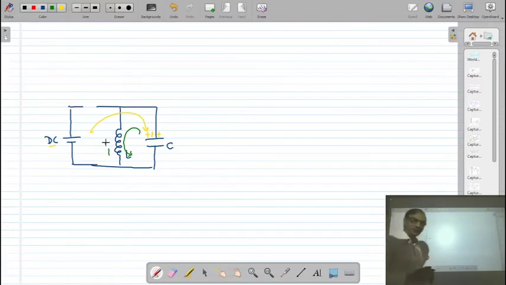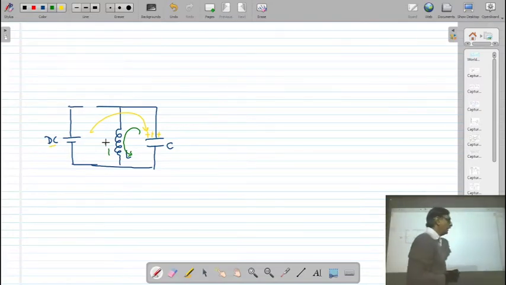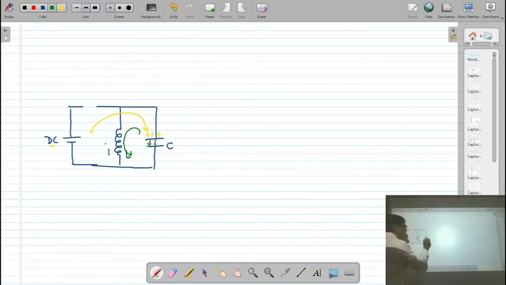Initially the capacitor was charged, and there was an electric field in this direction. So whatever energy we have supplied through the battery is stored in the form of electric field in the capacitor. Now when we remove the source, the capacitor is going to discharge through the inductor, and current is going to flow.